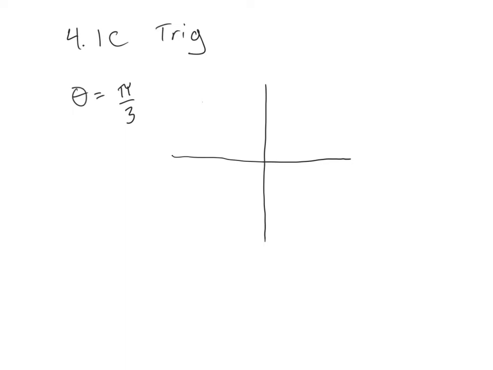I remind myself that this is 0 when you talk about radians. 180 degrees is pi, so 90 degrees is pi over 2, and this is pi over 3. So this is like a third. It's going to be less than a half, so it's somewhere here, moving in the positive direction.